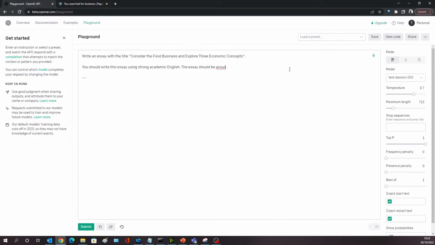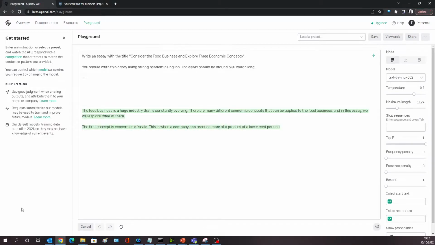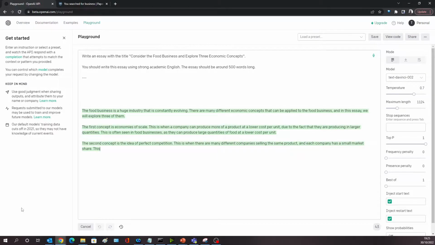The essay should be around 500 words long. Now, one point about this technology, let me just push this number up here a bit, because I said about 2 words to one token, so 1124 should be enough, is that it will not always give you 500 words.